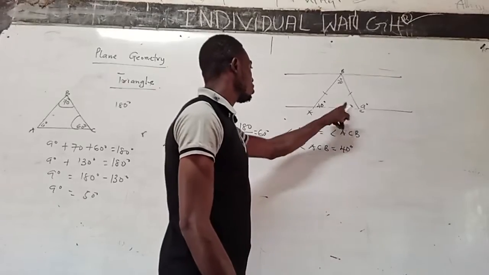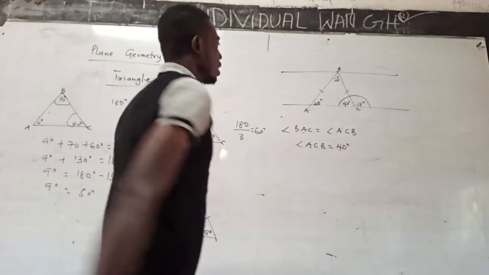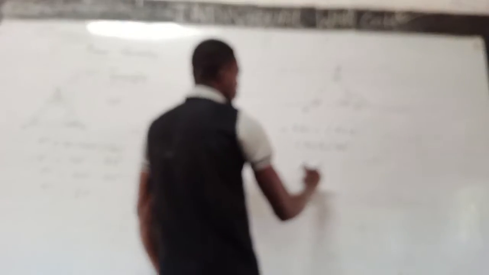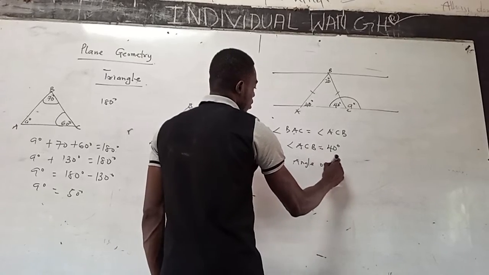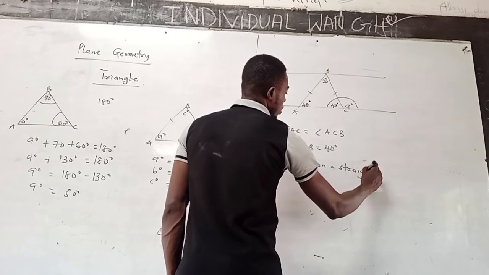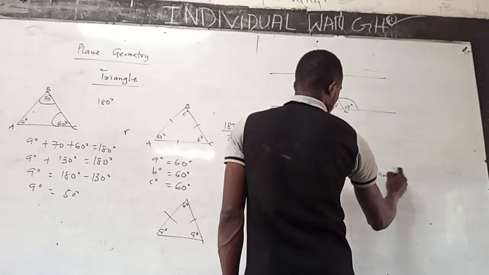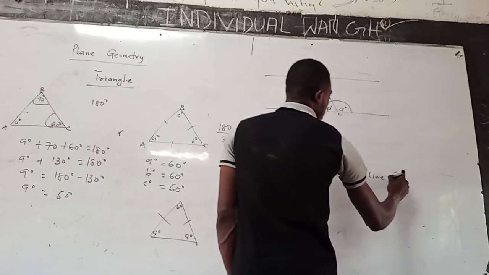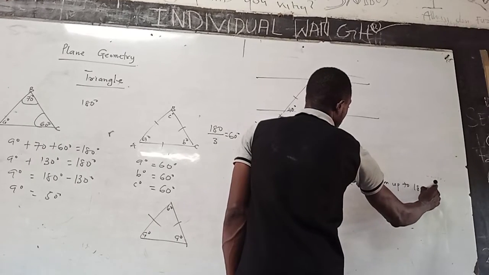As soon as we get this one, what else here? If here is 40 degrees, you can find the angle on a straight line, which is equal to 180. So just write: angle on a straight line sums up to 180 degrees.